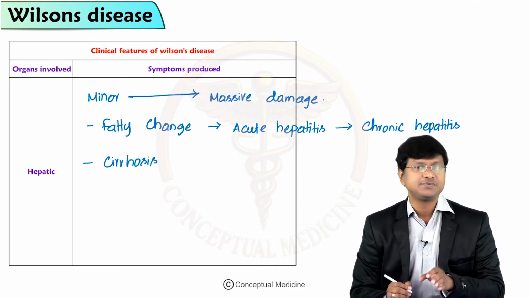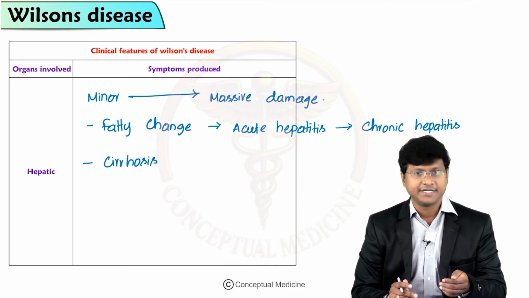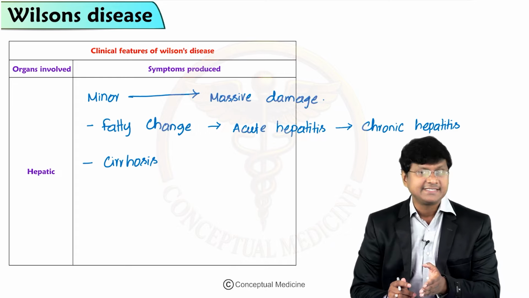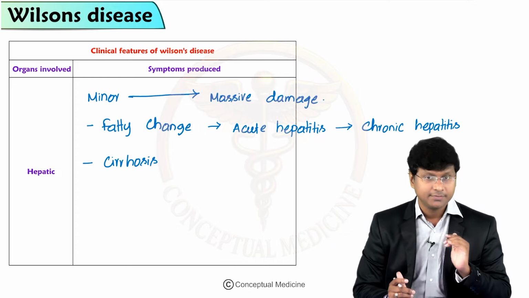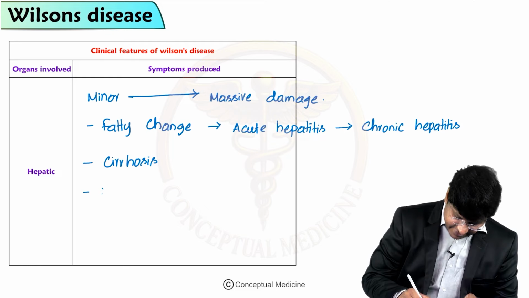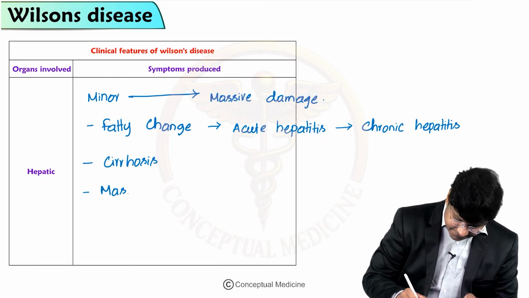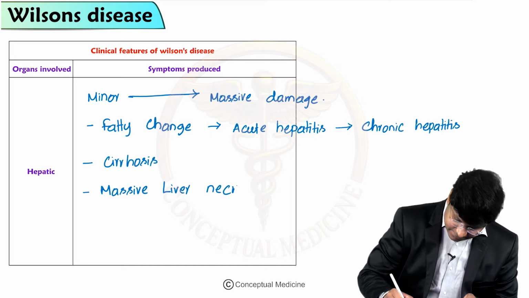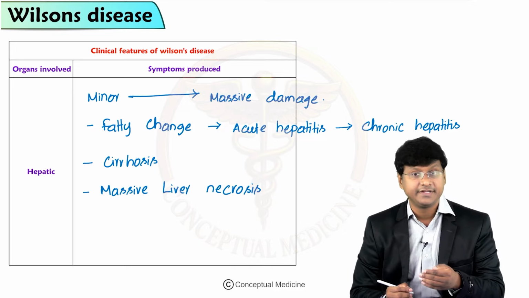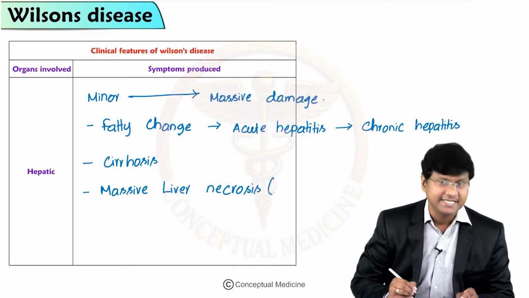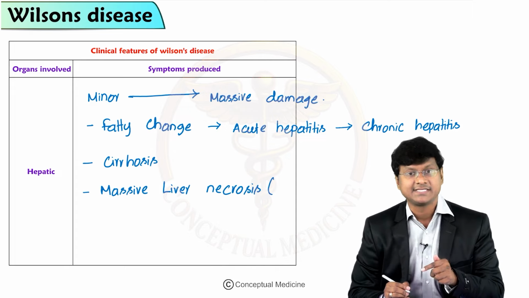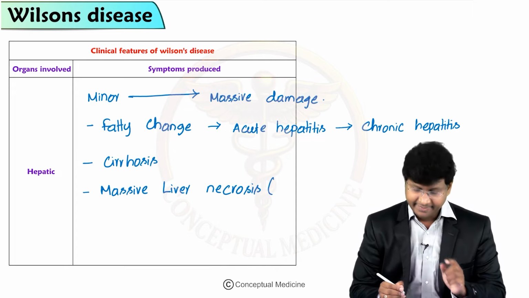Okay, so these will be the changes. The fatty change will be the minor change and the massive damage will be cirrhosis, or there can be massive liver necrosis. This massive liver necrosis we call acute fulminant hepatitis.